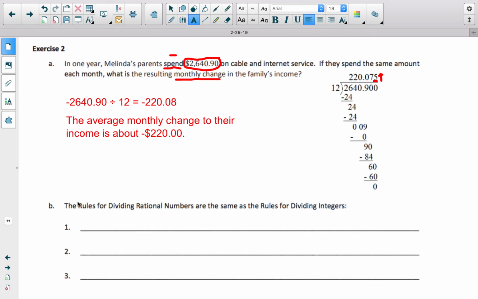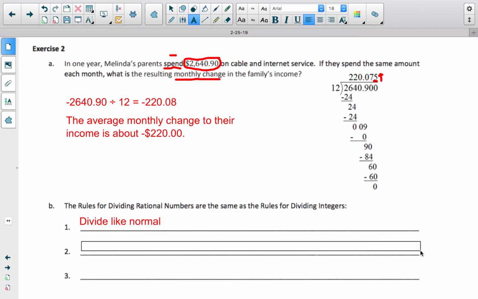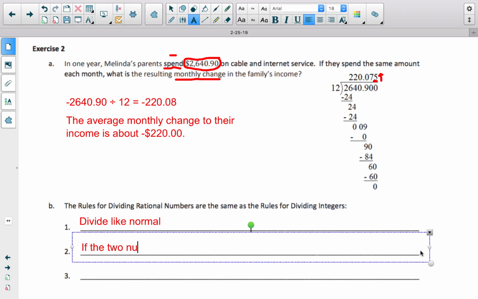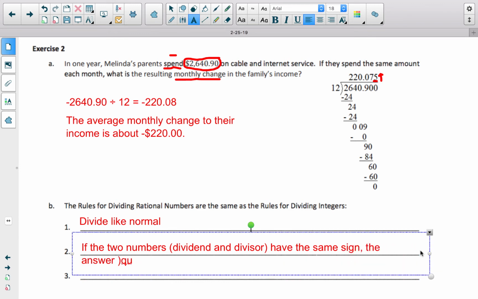Now, the rules for dividing rational numbers are the same as dividing integers, meaning we are first going to divide like normal, okay? Whether that's long division or just basic division. And then if the two numbers, meaning the dividend and divisor, have the same sign, the answer, which is called the quotient, is positive.